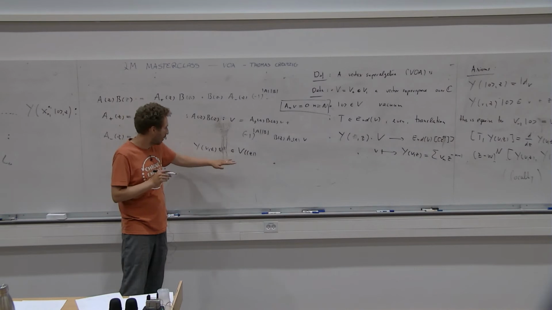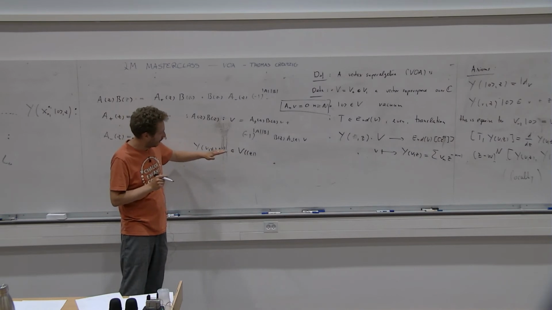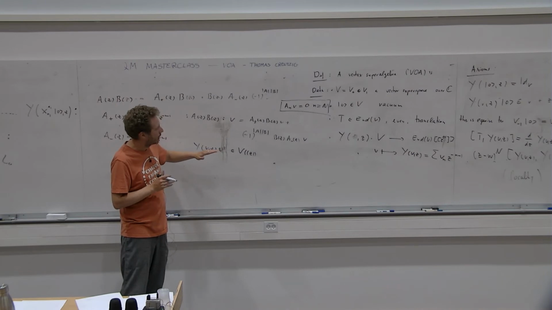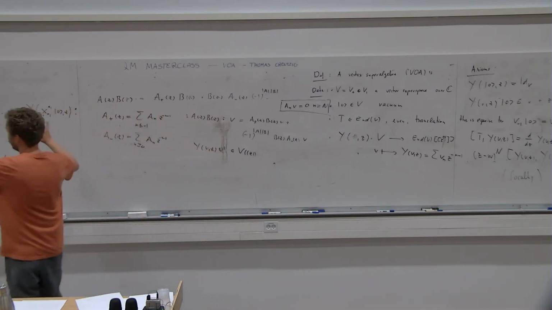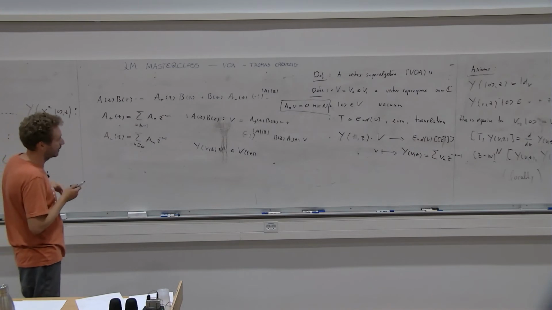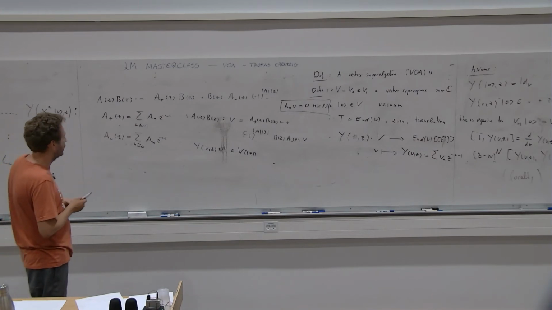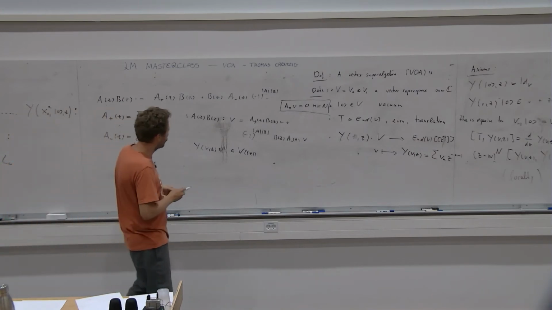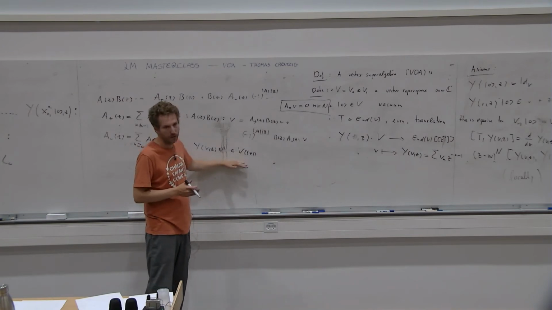So you're absolutely right. I erased that you usually also define a non-negative integer grading on a vertex algebra, given by a Hamiltonian, and you can use that property to also infer something like this.